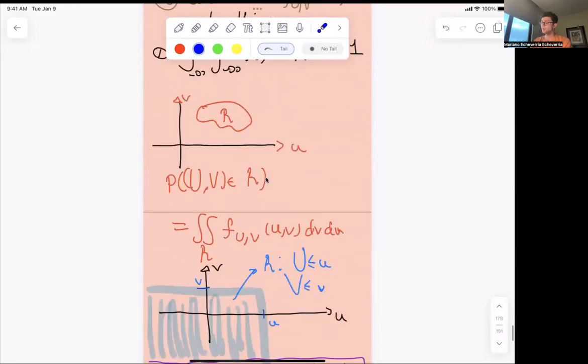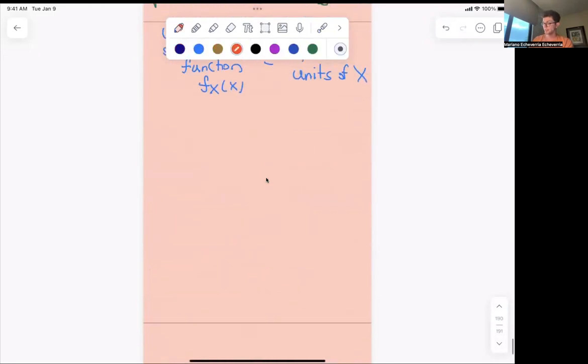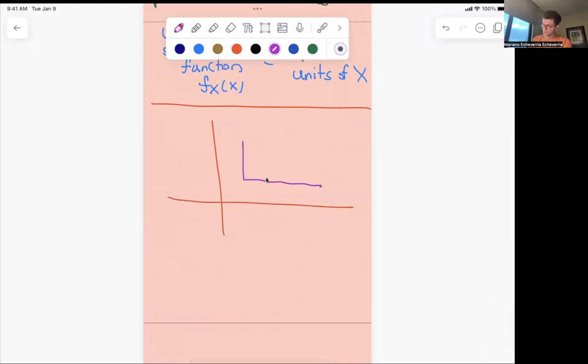So yes, let's say you have a rectangle, just to make it easier. This rectangle goes from A to B, and here's C and here's D. You can take the uniform distribution on this rectangle.